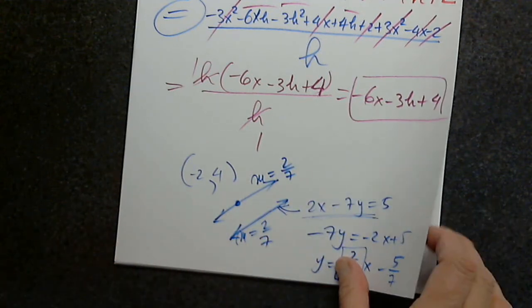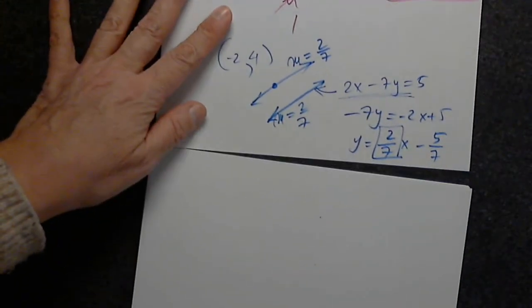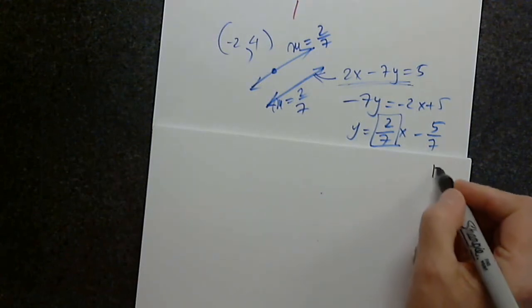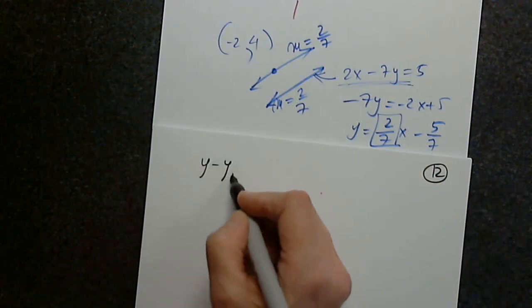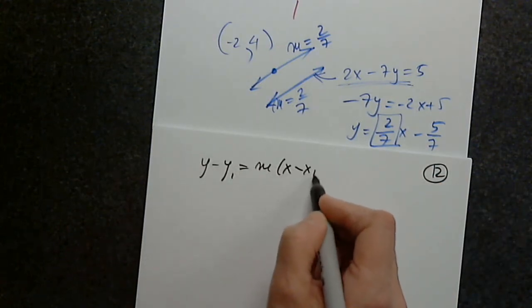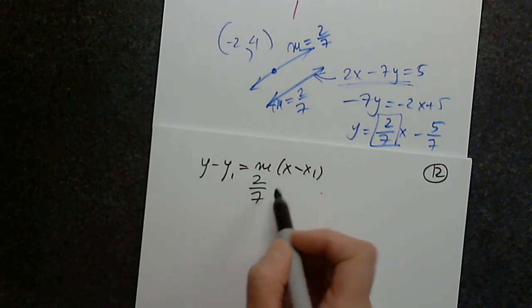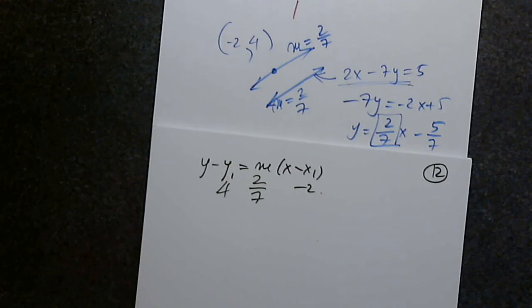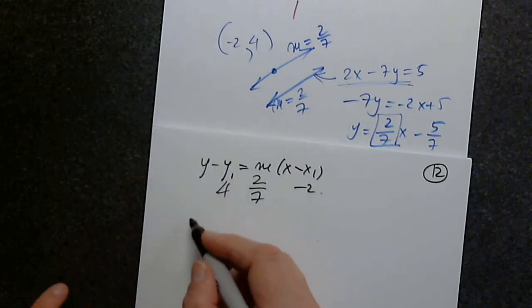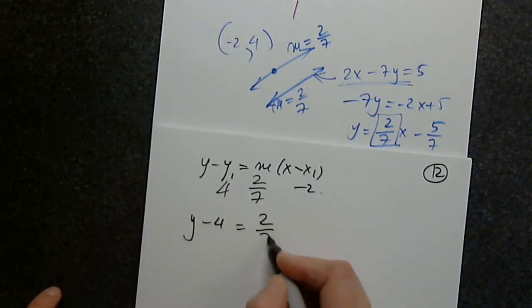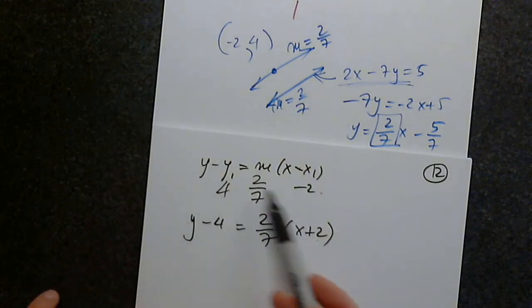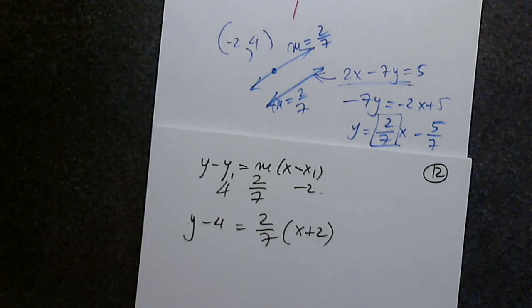So now I will plug in everything in the point slope form. So I have y minus y1 equals the slope times x minus x1, where the slope is 2 over 7, x1 is negative 2, and y1 is 4. And I have y minus 4 equals 2/7 times x minus negative 2. I don't claim that my methods are the best.